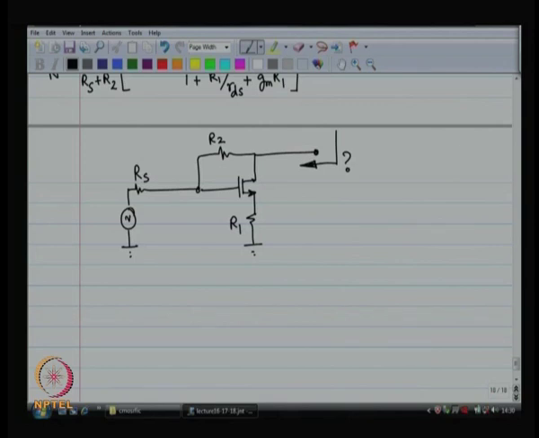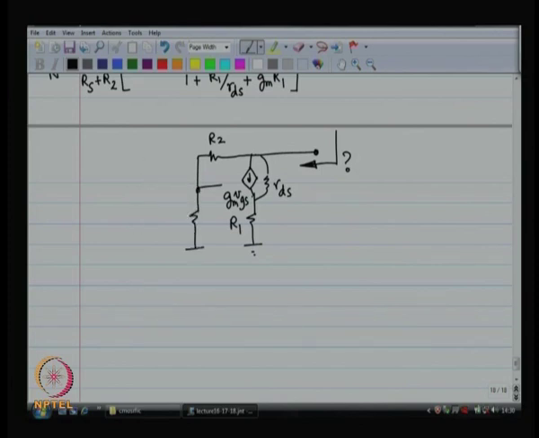So, what we are going to do over here is as follows. We are going to replace the MOSFET by Gm and Rds. And to find the output impedance, you have to kill the input voltage, null the input voltage. All right, so far so good.